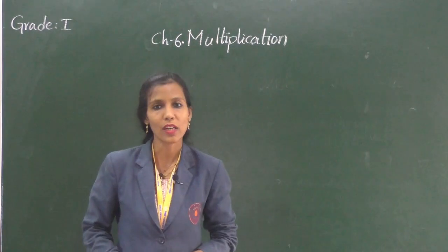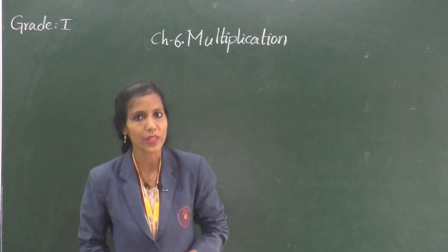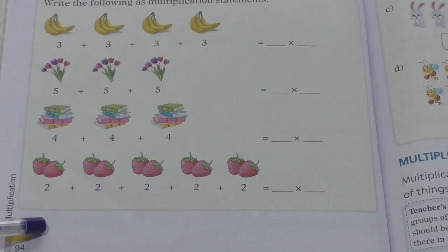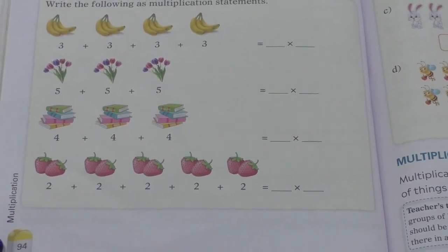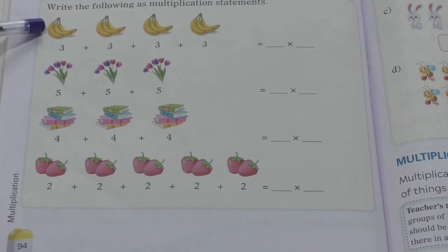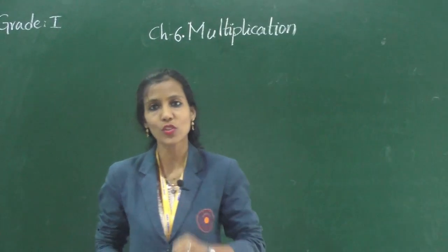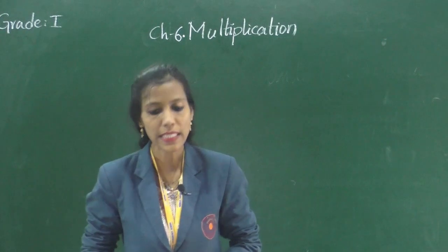Let's solve a problem related to repeated addition. You can open at page number 94. I'll solve the first problem for you. Here we have 4 groups of 3 bananas each.